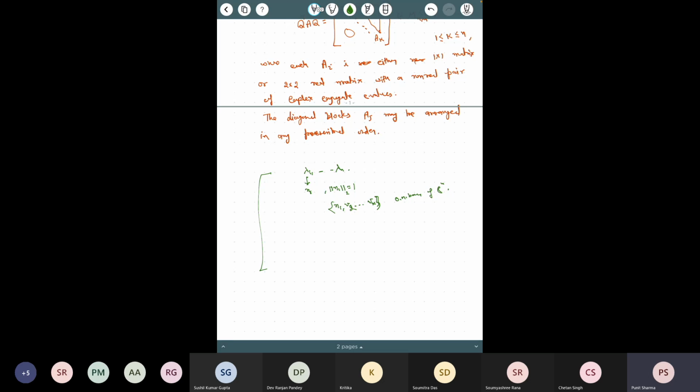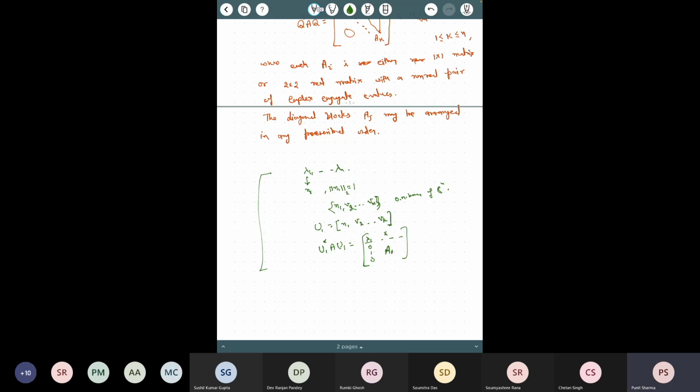Then I constructed a matrix U1, whose columns are these basis vectors, and then I computed U1 star A U1, which creates zeros in the first column. It would be lambda 1 and then 0, and then we have a submatrix A1. Then I will do the same thing for A1.